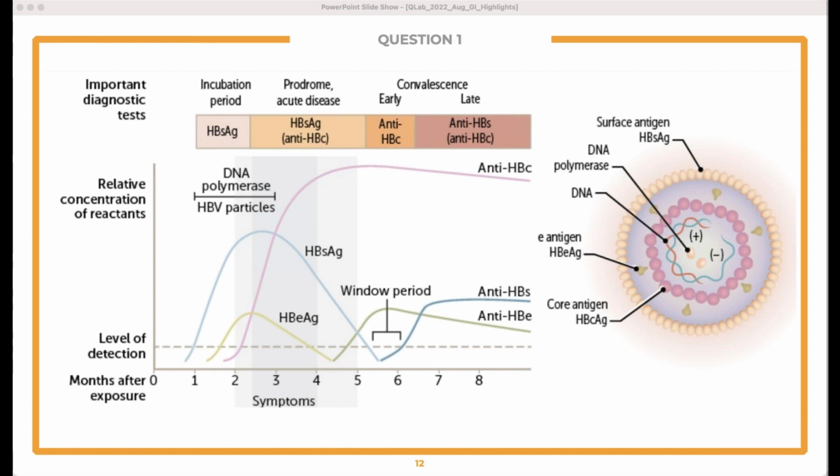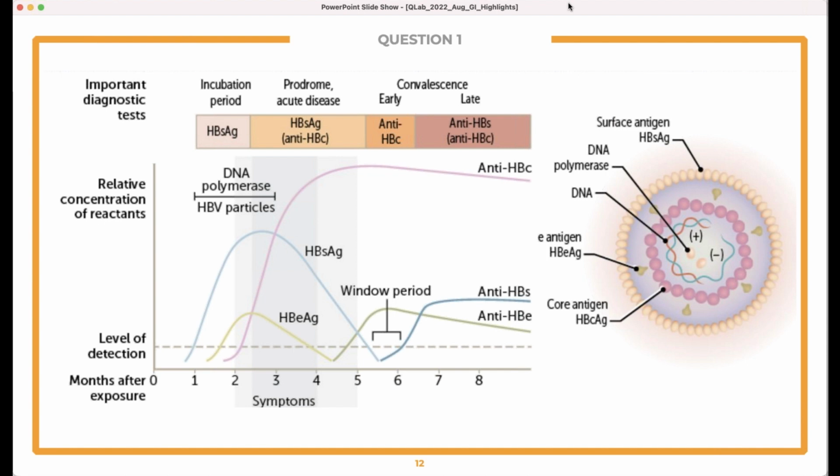So in that window period, you do not have detectable surface antigen and you do not have detectable surface antibody. The only thing positive, as you can see from that pink-purple curve at the very top, is anti-HBc, your antibody against the core antigen.